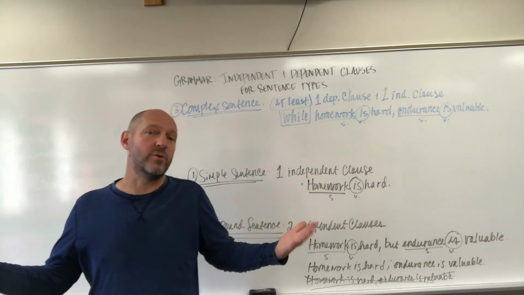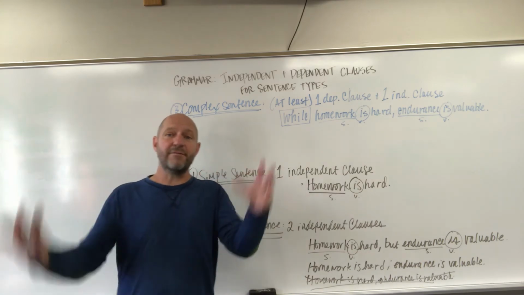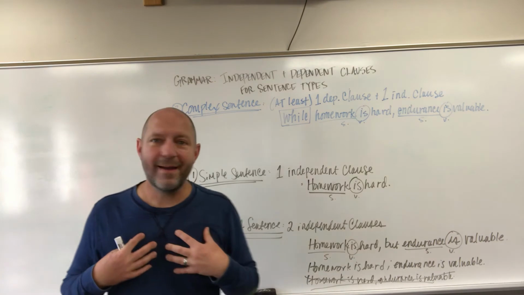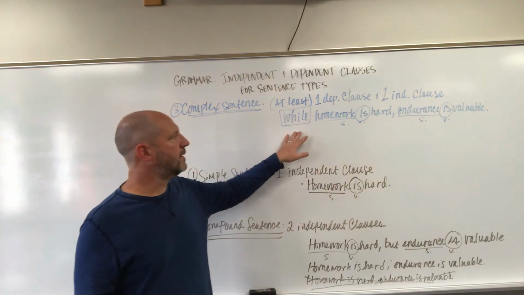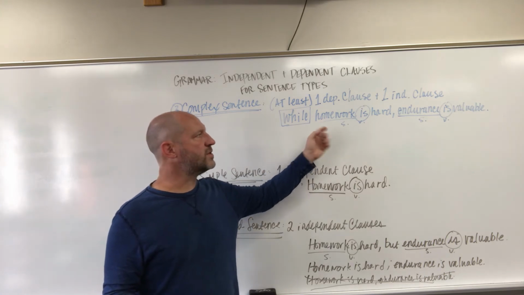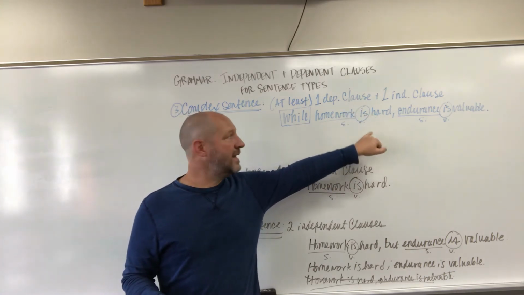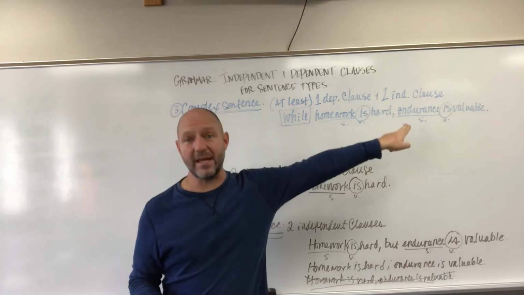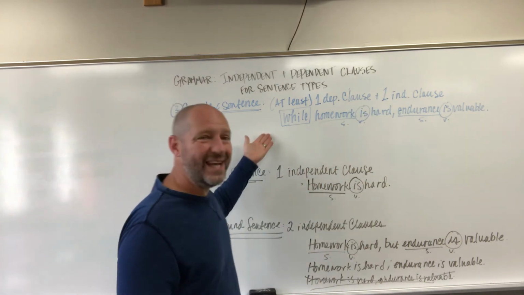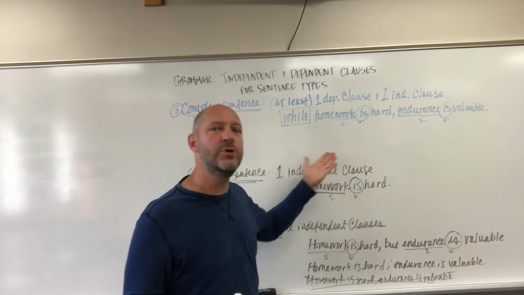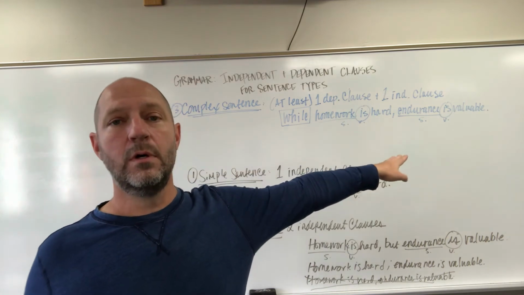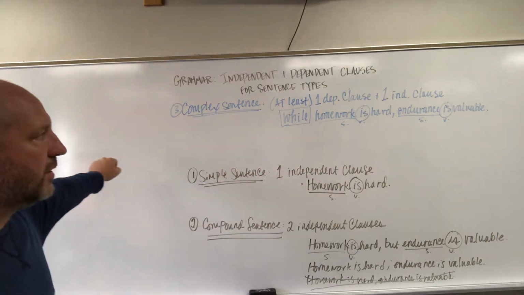Or I can say, I went to the movies after I went to the store. Okay? I can flip those around. I'm in control. But if I flip it around, I would say endurance is valuable while homework is hard. If the dependent clause comes second, there's no comma. The comma is only when there's an introductory phrase or an introductory clause prior to the independent clause, okay?